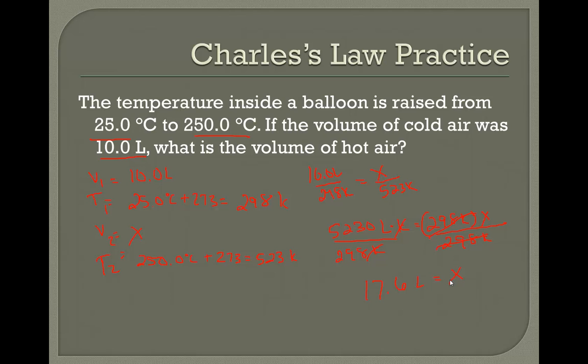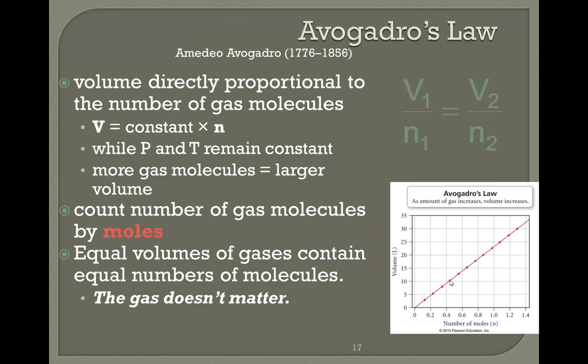Finally, we have Avogadro's law. You might remember his name from Avogadro's number, which was 6.022 times 10 to the 23rd, and he came up with the concept of moles. So his relationship deals with moles, which is what the N is. The volume is directly proportional to the number of gas molecules, while the pressure and temperature are constant.